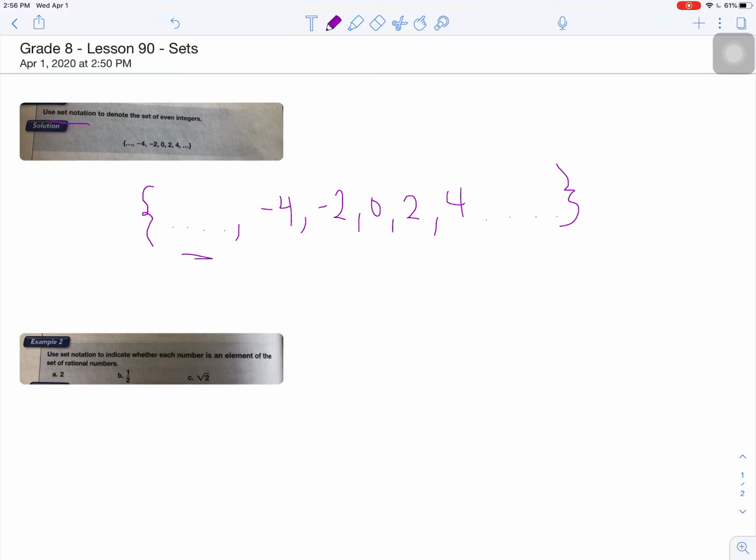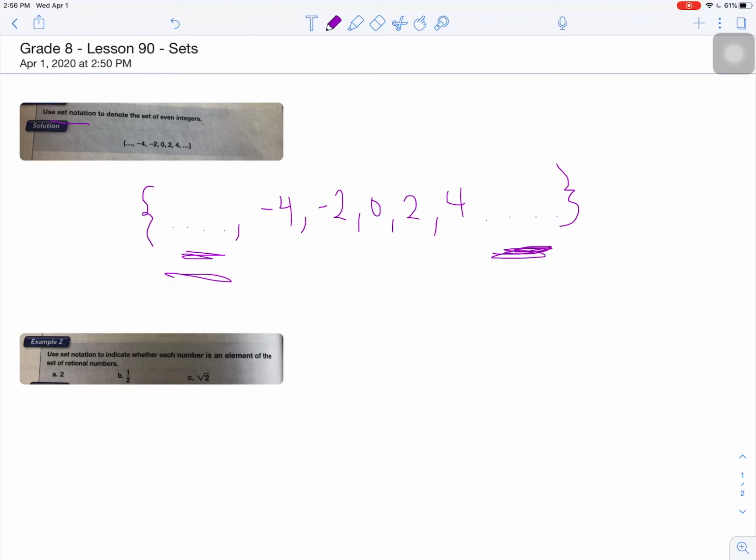Essentially what that's showing is the dots show that it continues going backwards that way and continues going forwards that way. If you don't have dots in the beginning here, that shows that there's a definite start. If you don't have dots at the end, that means there's a definite end. Okay, so that's really what it's showing you when it says denote the set of even integers.